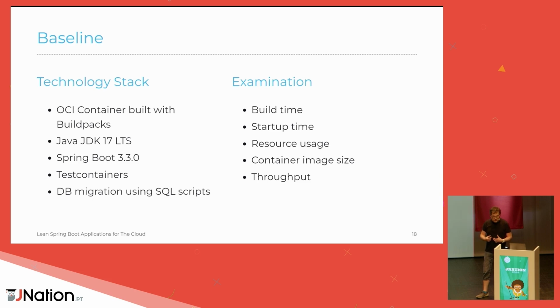I think buildpacks are a great thing. For the baseline, I'm using JDK 17, even though it's a little bit older, and there is already 21 out there as an LTS version. 17 is a workhorse. It's unbelievable, and I use that as a baseline so we can compare against other versions.